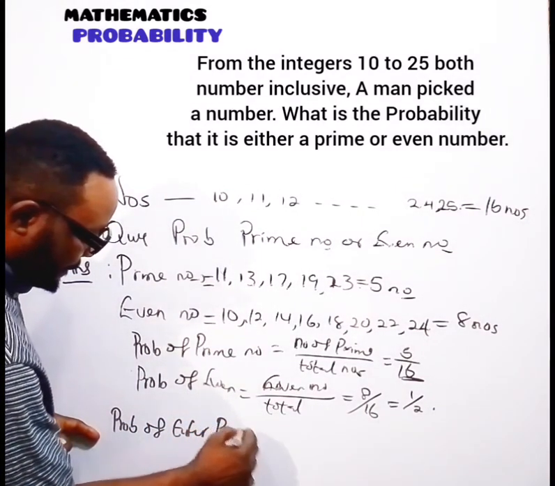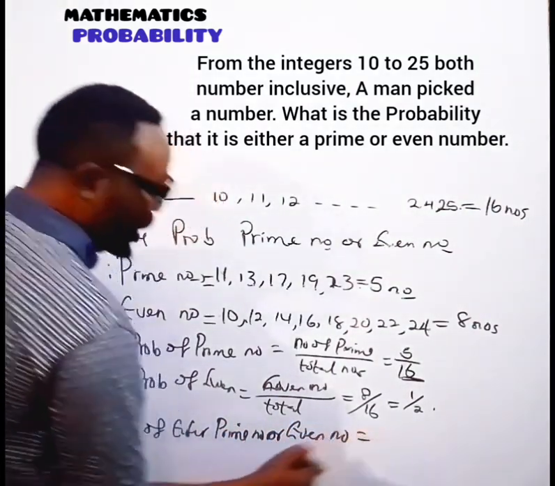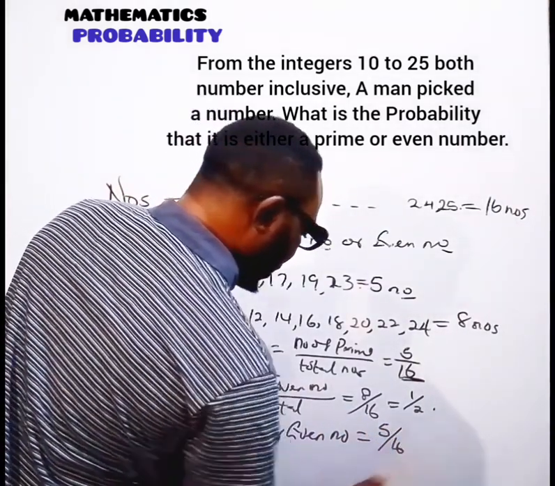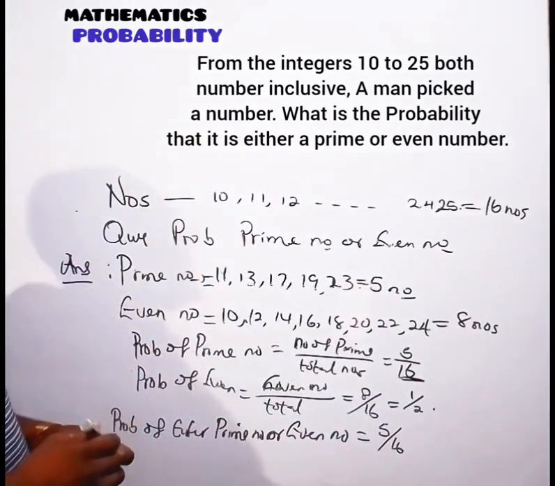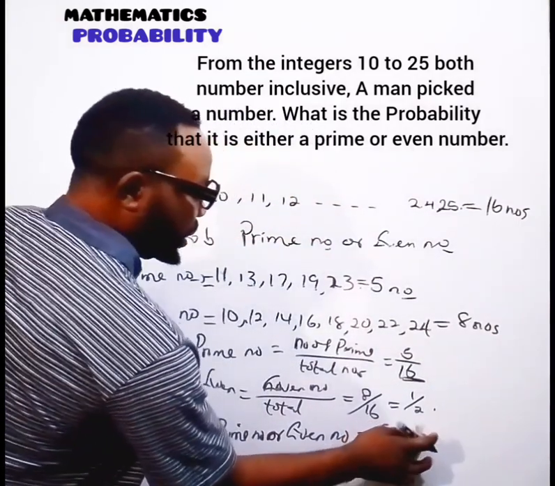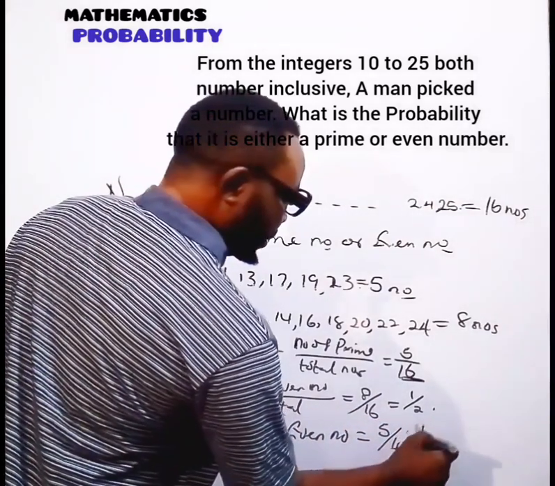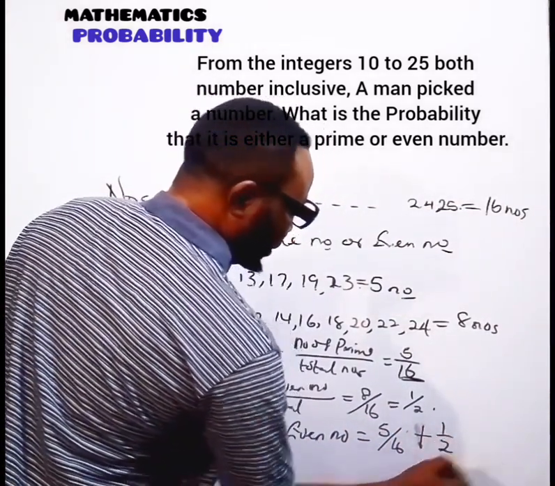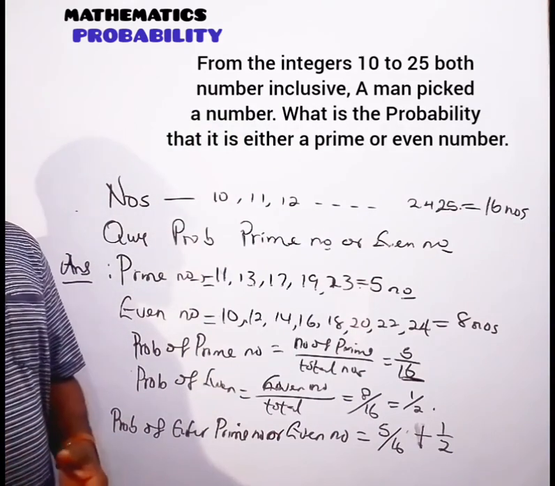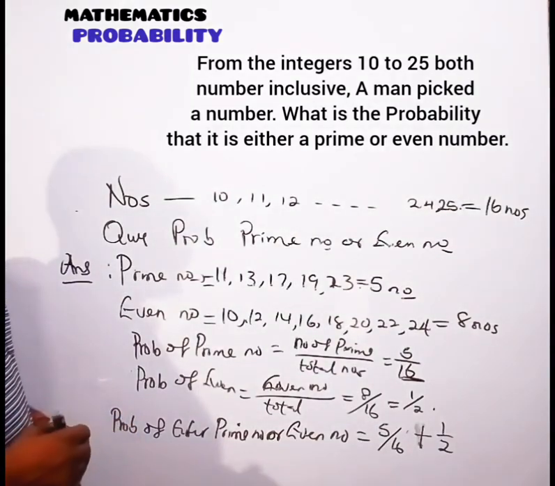Now, we can solve for the probability of picking either a prime number or an even number. That will be equal to 5 over 16, or. In probability, or means addition, and 1 over 2. Or means addition, where and, as I've told you earlier, means multiplication.